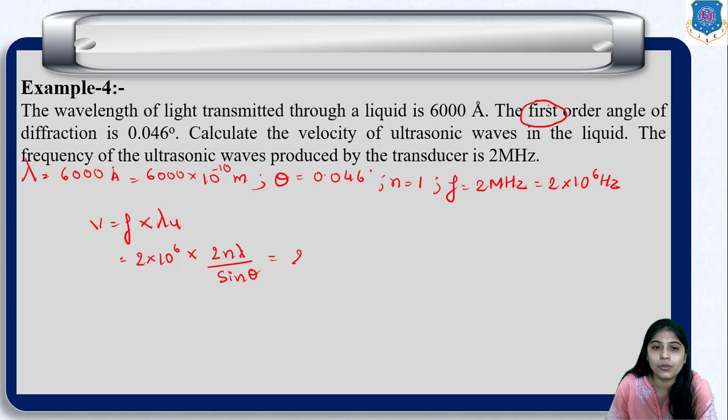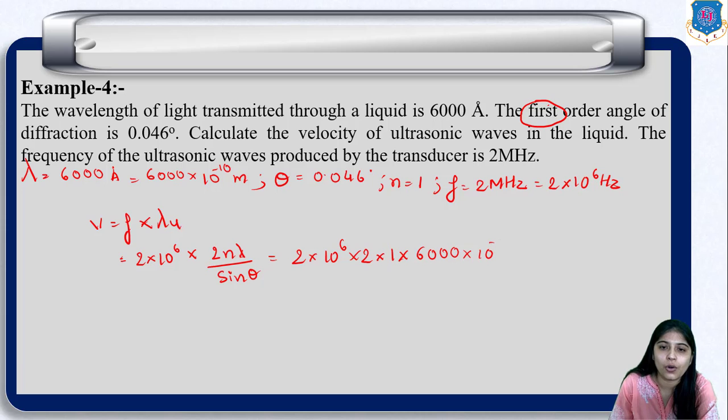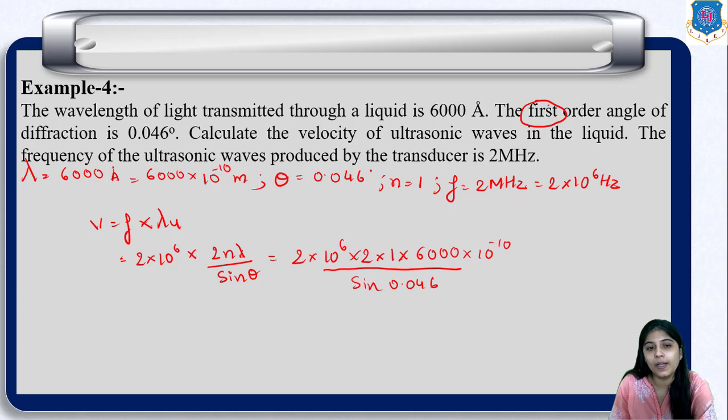So this will be 2 into 10 raised to 6 into 2 into 1 into lambda, which is 6000 angstrom, whole divided by sine 0.046. Okay, right? So this is the formula for wavelength of ultrasonic wave.